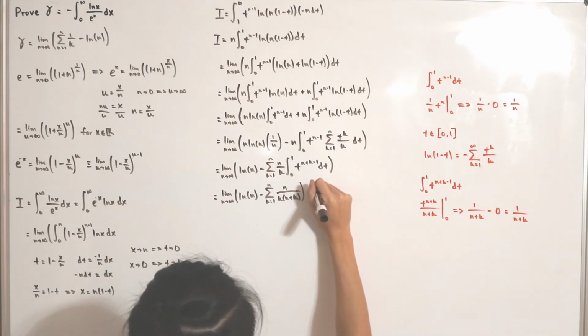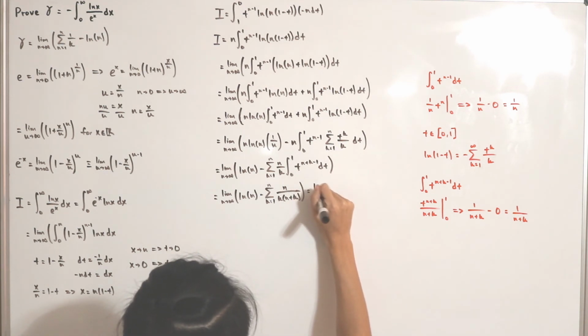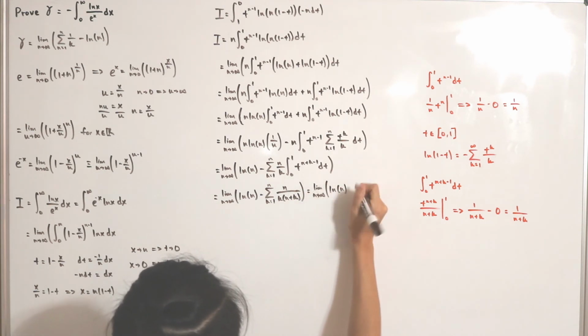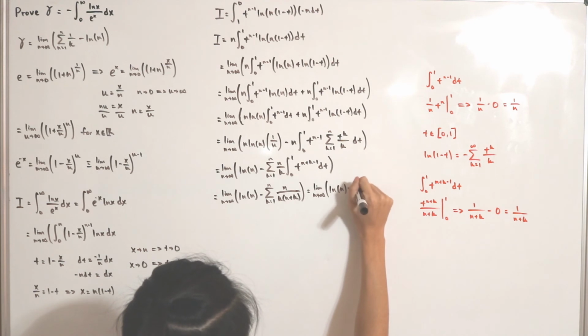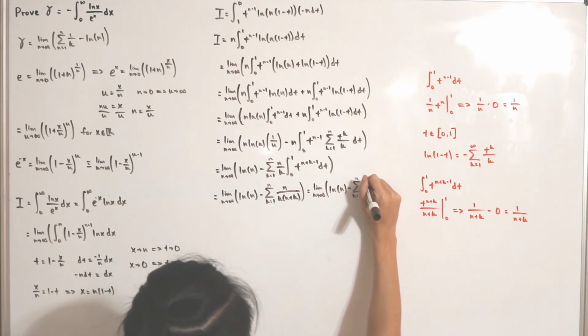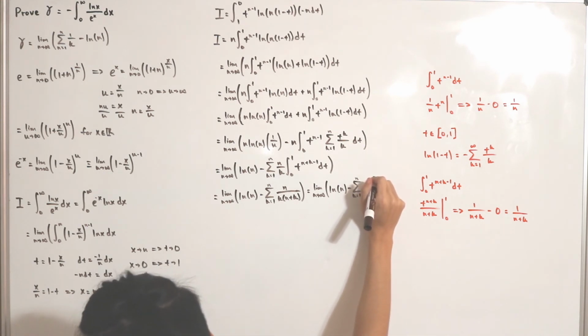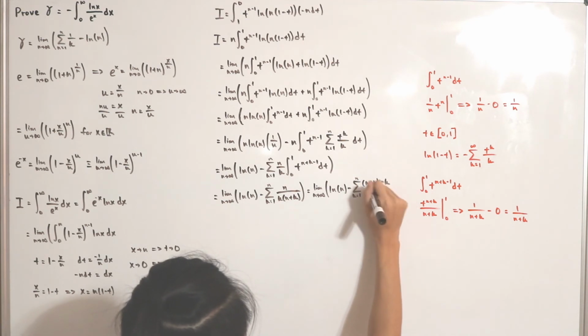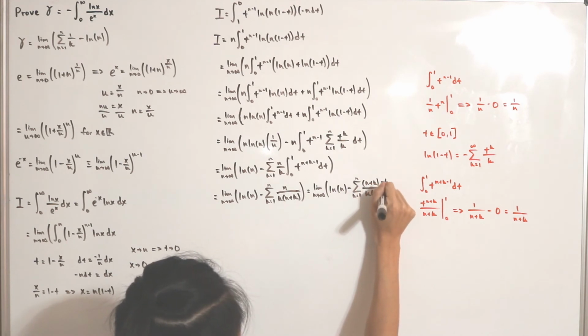The limit as n approaches infinity is ln of n, then minus the summation from k equals 1 of, now I'm going to group this as well. That way, what we're going to do next is evaluate two different series. So this is n plus k minus k, divided by k times n plus k.